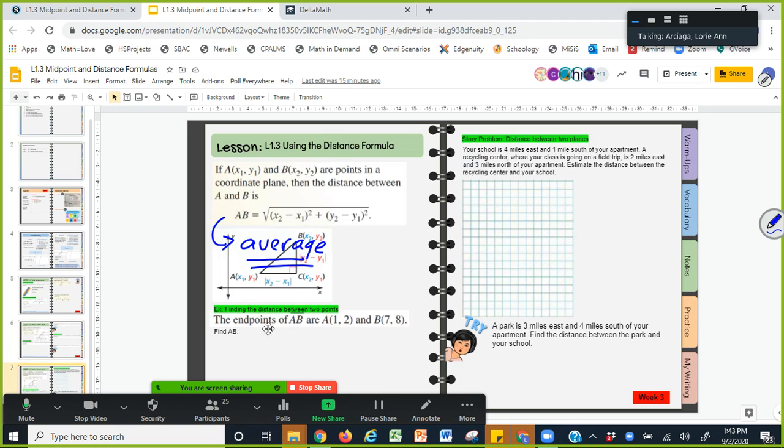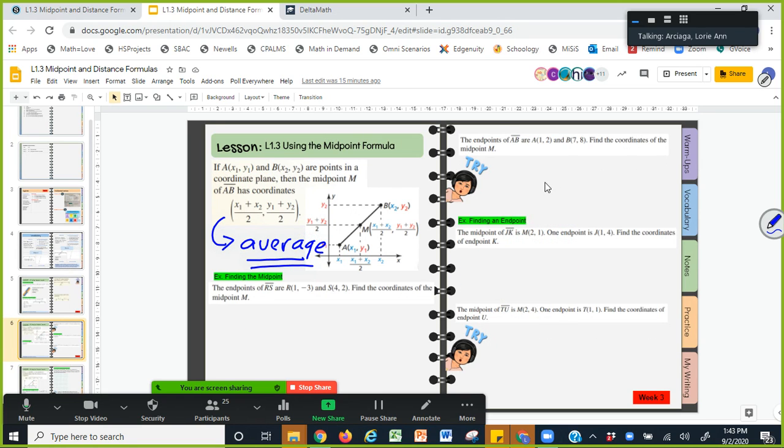So let's try to do that here in this example, and then I'll make you do this one over here. Okay, so the endpoints of RS are given, and we need to find the coordinates of midpoint M. So to find M, you add the x numbers together. So that's 1 plus 4, and then divide by 2.